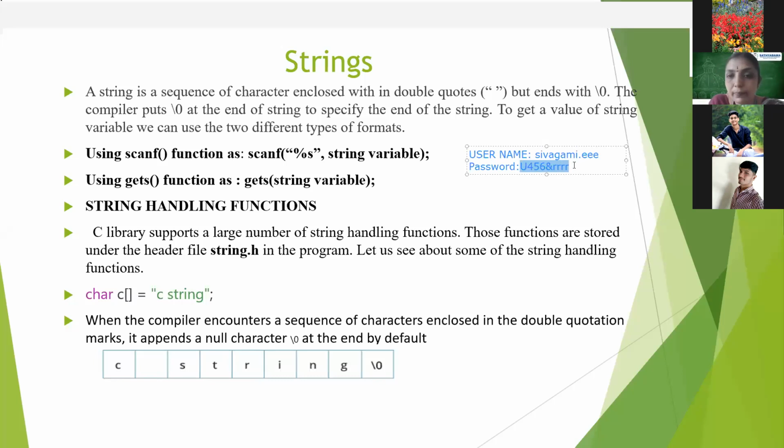Here we use the username, and here also we use characters, that is nothing but strings. Suppose they ask you to develop a project to get the details about the students. How do you log into your LMS? By your username and password, and you have an option to change your password.